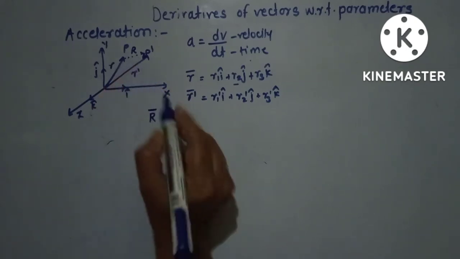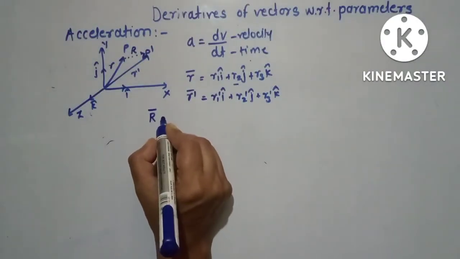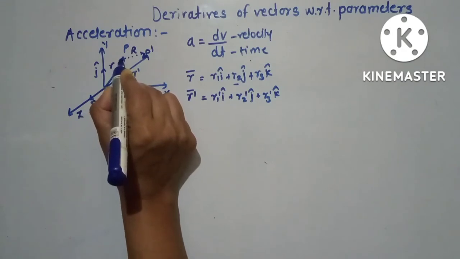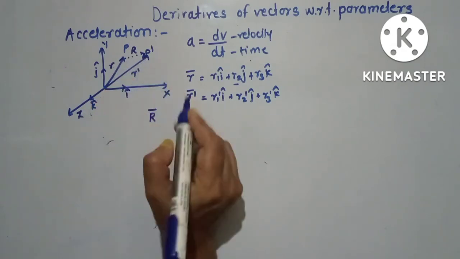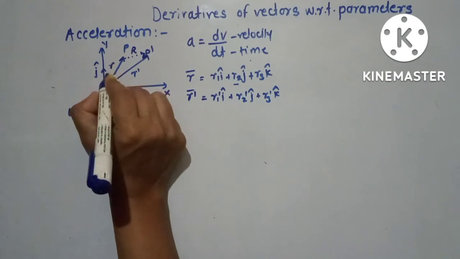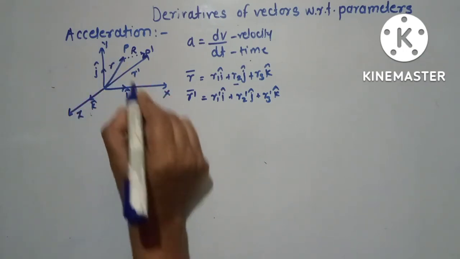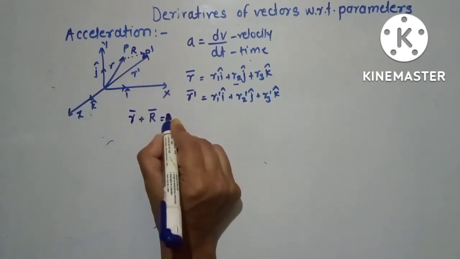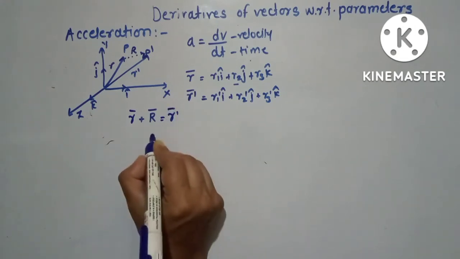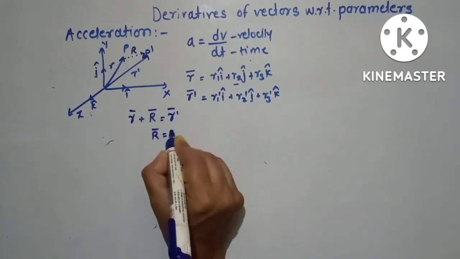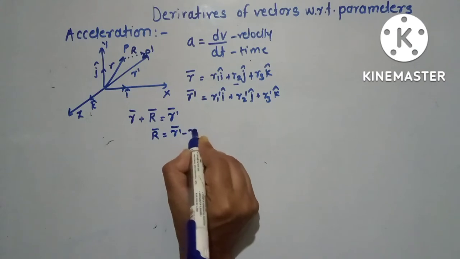By the triangle law of vector addition, we can write r plus capital R equals r dash, or capital R equals r dash minus r.